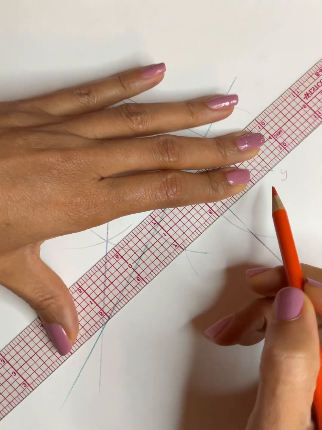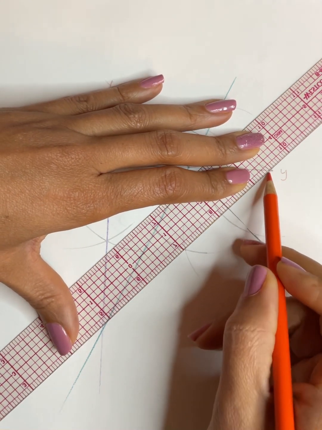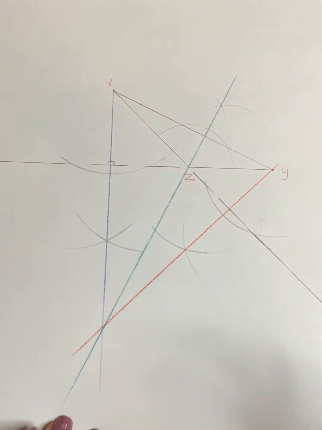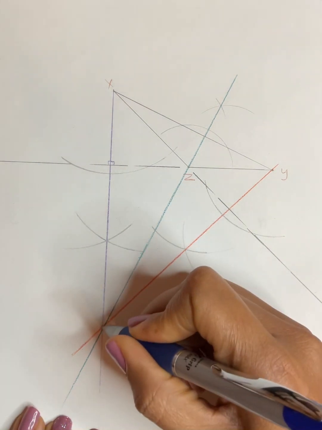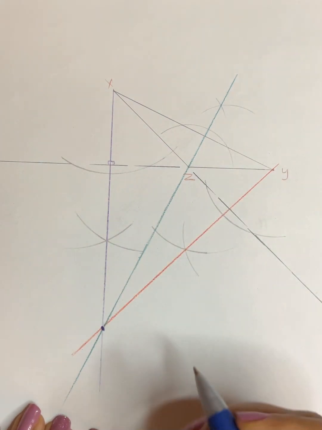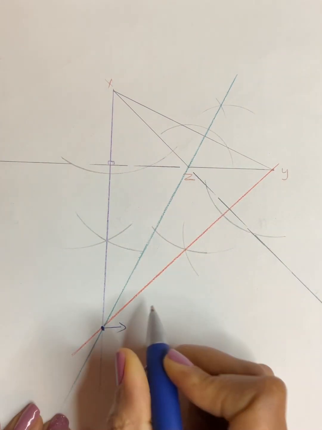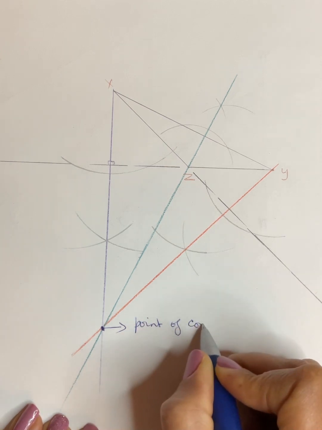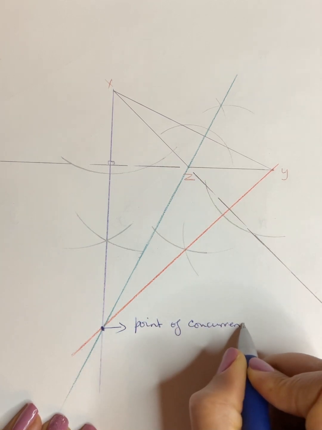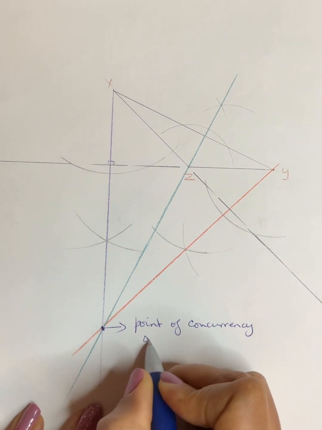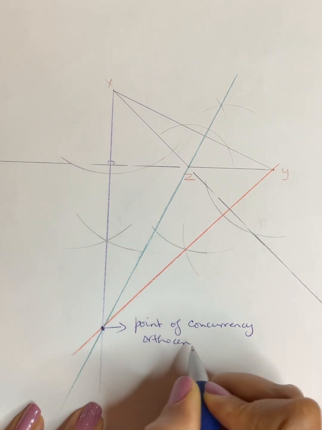Okay, line it up properly. All right. And you'll notice that the three altitudes meet here at this point, and where they meet, this is our point of concurrency. And to be precise, because we're dealing with altitudes here, this is called the orthocenter.